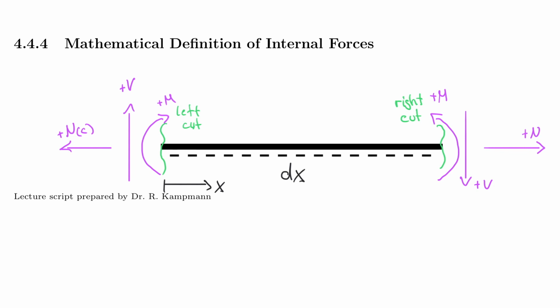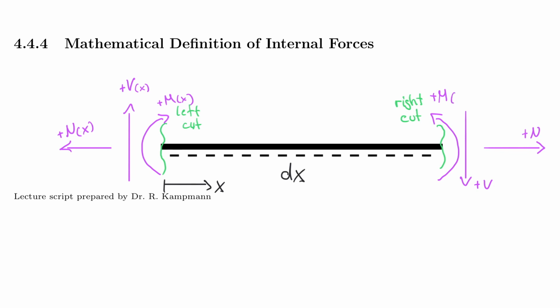Or sometimes, let me erase this here, sometimes you may say, hey, this is equal to x being 5 meters, for example. But really, the way we want to say this is we're going to say that it's just the normal force of x, the shear force of x, and the moment of x.